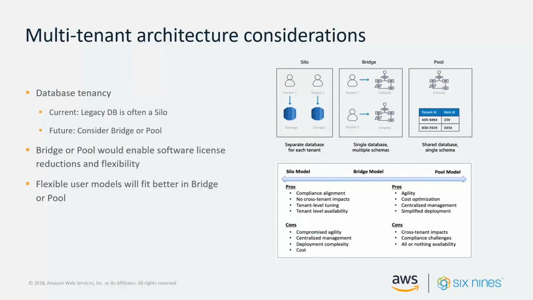You're going to get higher cost optimization here, centralized management, and more simplified deployments, or discrete or granular deployments. You need to be wary of cross-tenant impacts and possible compliance challenges. Or again, with shared resources, you have to worry about availability impacting multiple tenants. So these are things that you would want to think about.